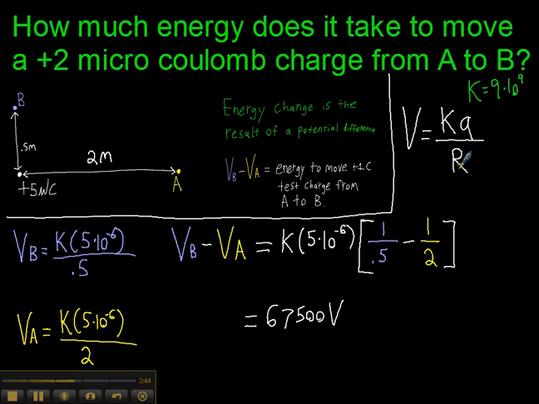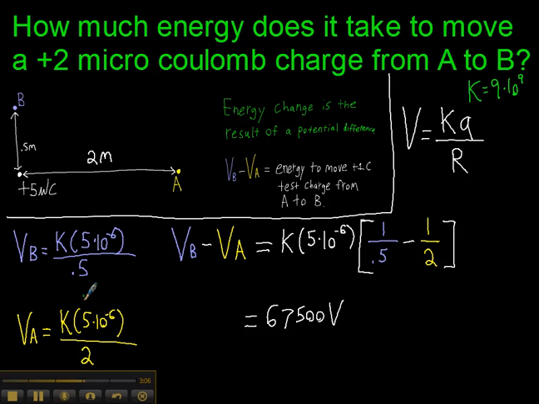Notice how it's not R squared like you would see when you're calculating the force. It's just regular old R when you want potential. So the potential at location B is just K times Q over R for B between these two. And the voltage at location A is the same thing. You just use the different distance because the charge and K are the same for both.